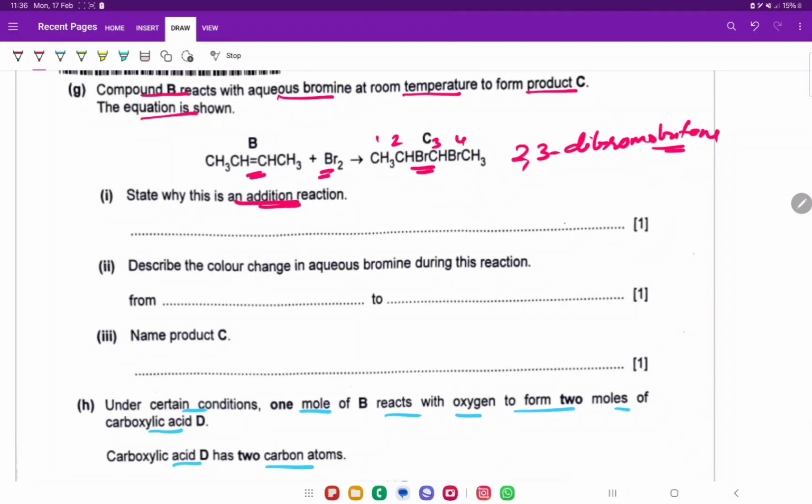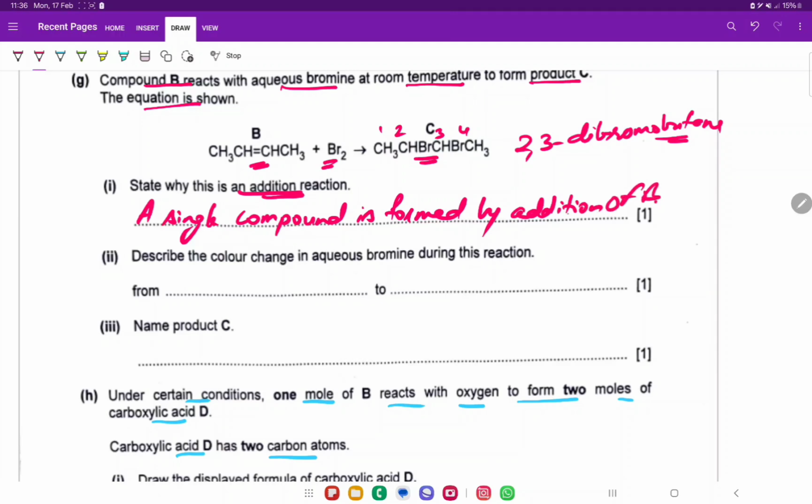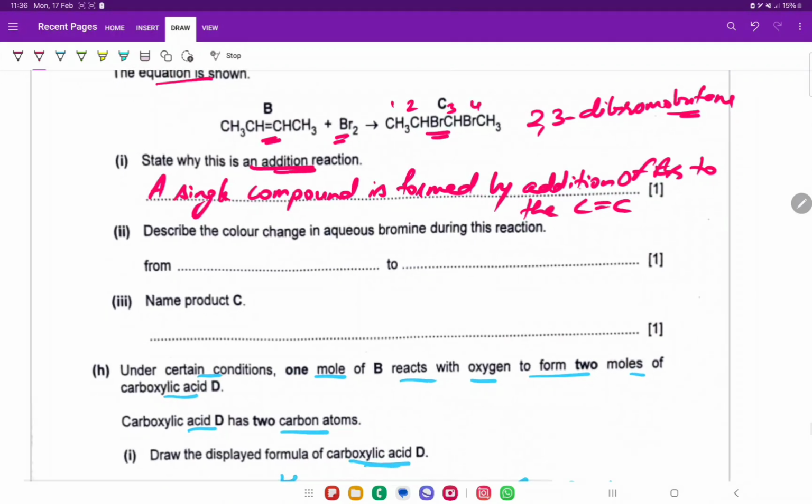As we can see, but-2-ene reacts with bromine to form a single compound. This reaction is addition because a single compound is formed by addition of bromine to the double bonded carbon atoms. That's why it's an addition reaction.